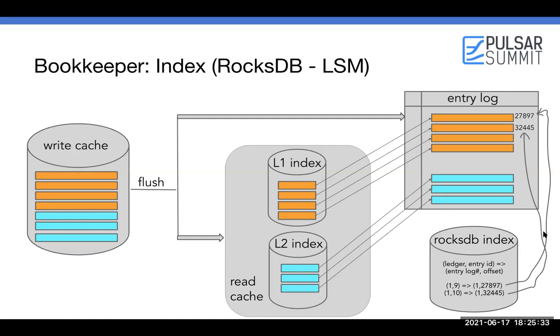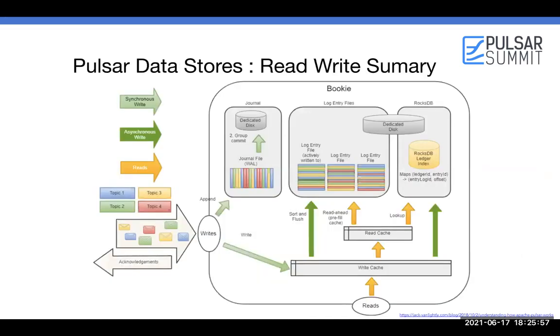You can just follow this pointer and go to the exact entry in an entry log file on the physical file system. That's how we map this logical concept of a ledger to a specific offset on a physical file to read that message in Pulsar, or an entry in the Bookkeeper.